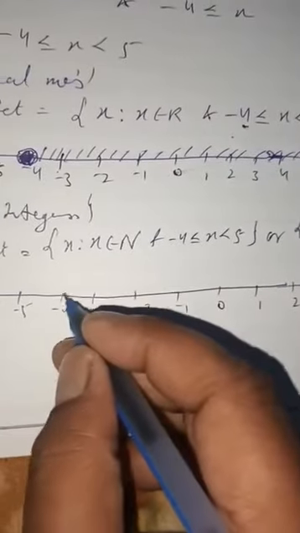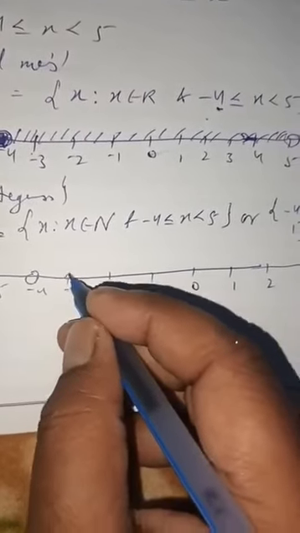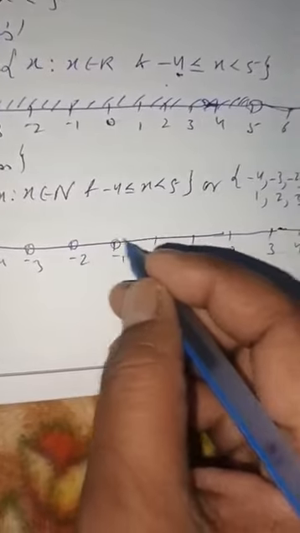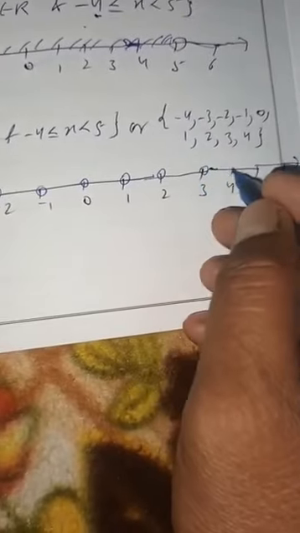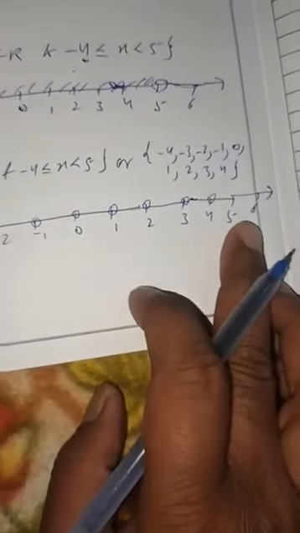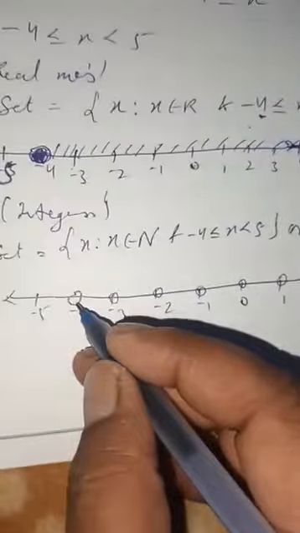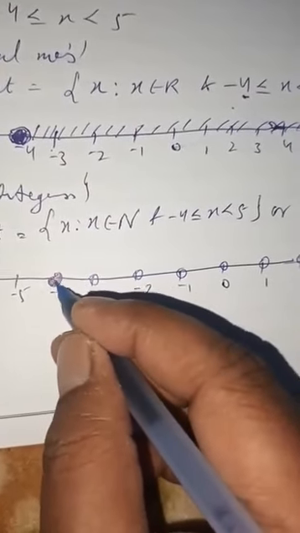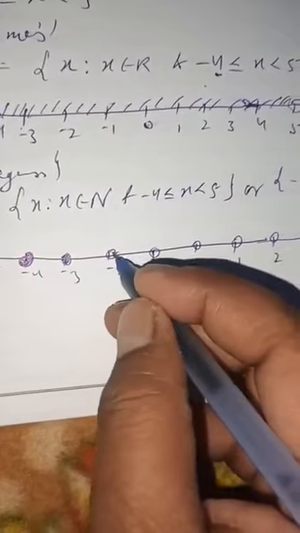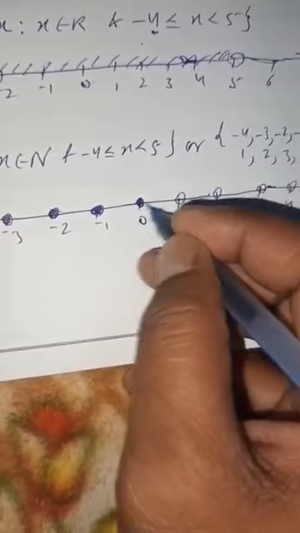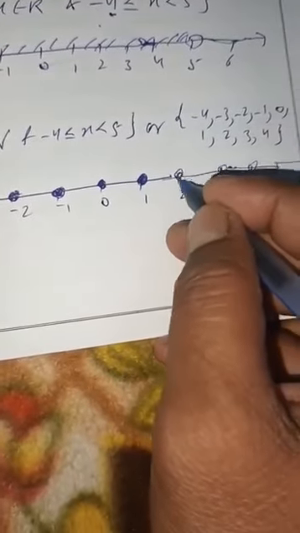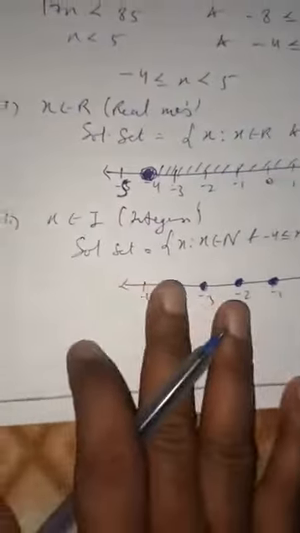Equal to sign is there with minus 4, so it should be included, and minus 3, minus 2, minus 1, 0 and 1, then 2, 3 and 4. 5 will not be included because it is lesser than 5. Equal to sign is not there with 5. Now dark these circles. Okay, so in this way we can write for integers.